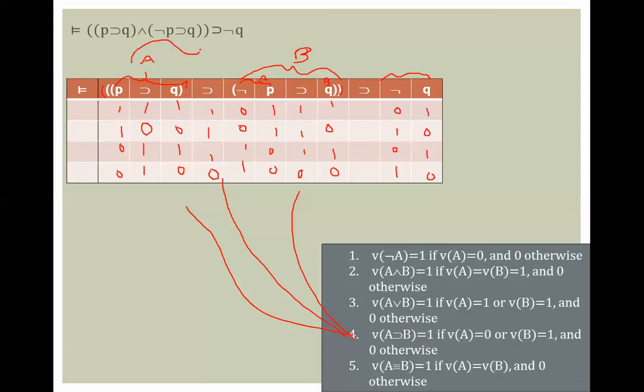So now this will become my a, and this will become my b. Wherever a equals 0 right here, wherever b equals 1 right here, 0, 0. So this is the if-then statement. I have 0, 1, 0, 1. So I have two places where this could be false. So this also is invalid.